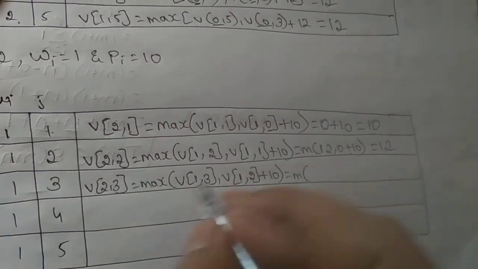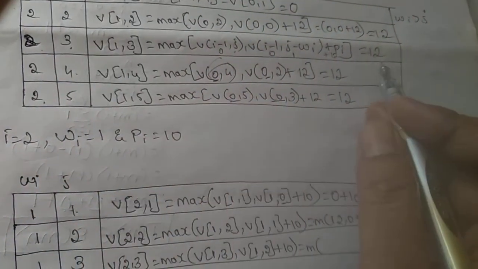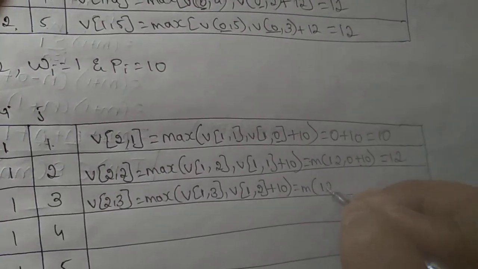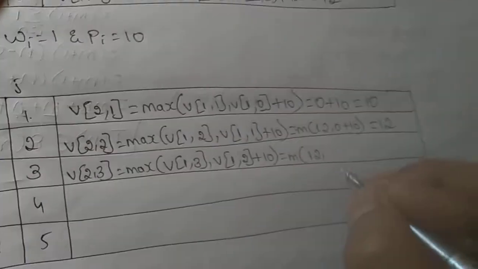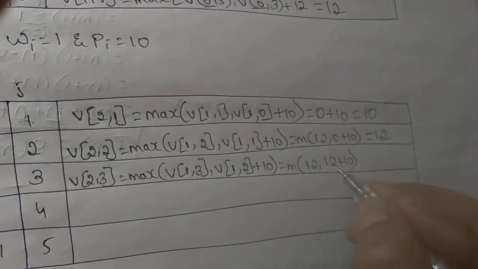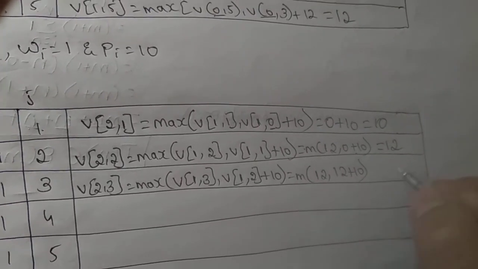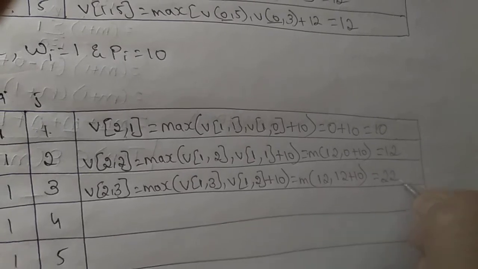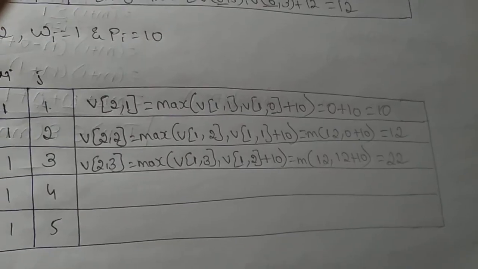So maximum of 1 comma 3, which is 12, and v of 1 comma 2 plus 10, which is 12 plus 10. This is 12 and this is 22. Which is maximum? 22 is maximum. So you have to take 22 over here.